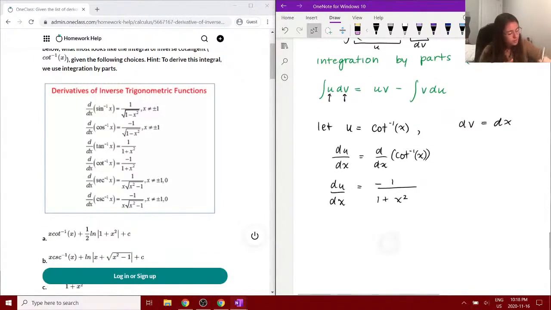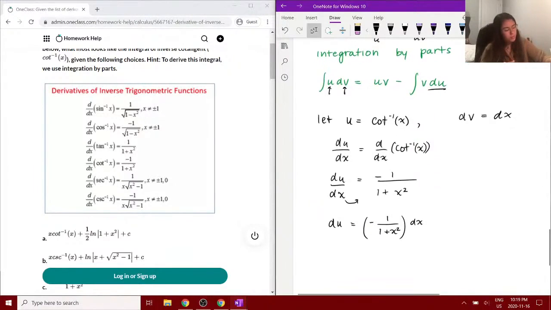And remember, we just need du. So if we move the dx up to the other side, we have du equal to minus 1 over 1 plus x squared dx. For dv equal to dx, if we integrate both sides, we just have that v is equal to x.